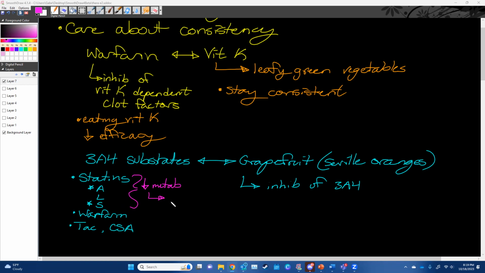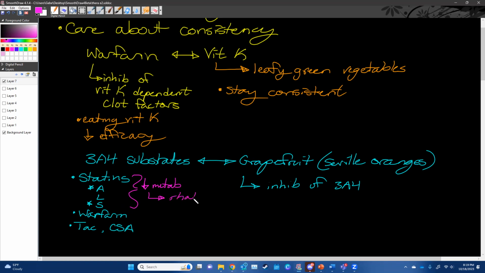Potassium, not a bad guess. Rhabdomyolysis. Muscle pain, back pain, calf, leg pain. All of these are indicative that your metabolism of statins has gone down and you have too high levels of statins. Same thing with warfarin.